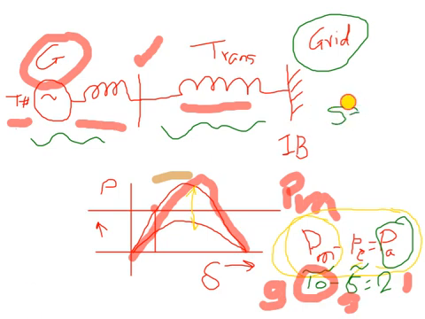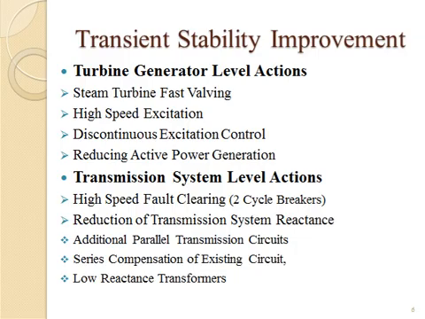Your synchronous generator MVA, S, is nothing but P square, which is active power, plus Q square, which is reactive power. For the same amount of MVA, if you reduce the active power, you can have a larger share of reactive power, which is required to be supplied for a fault. So with more reactive power available, there will be improvement in transient stability.